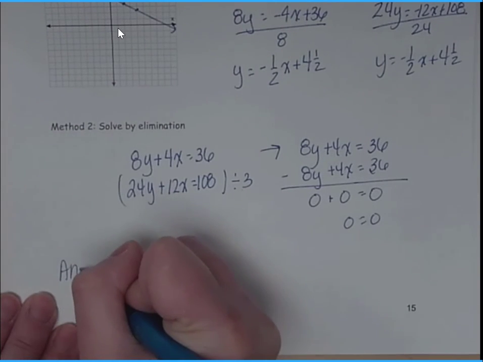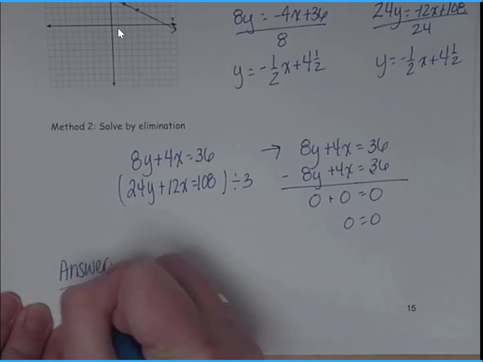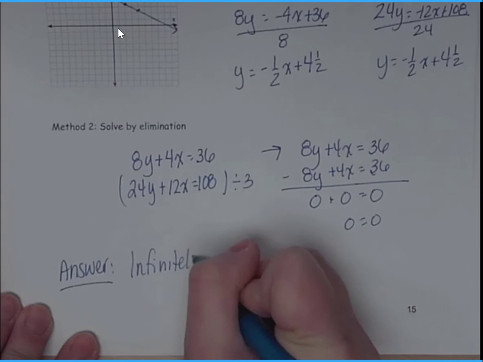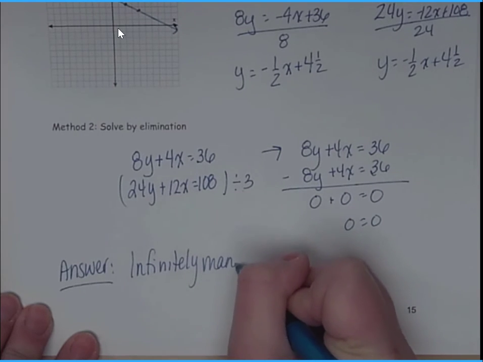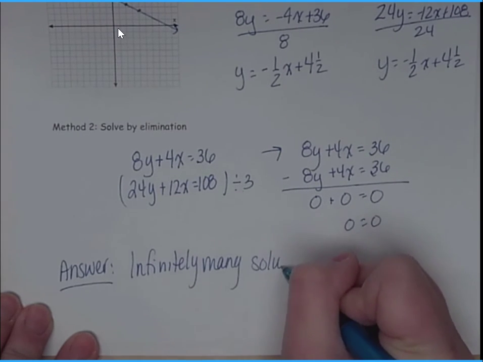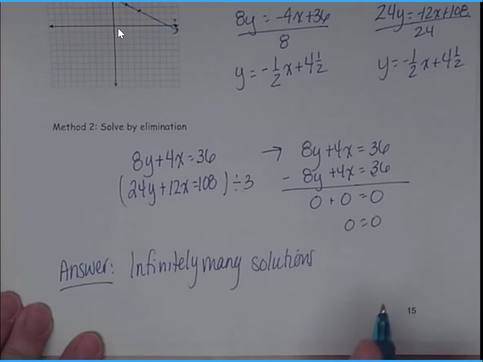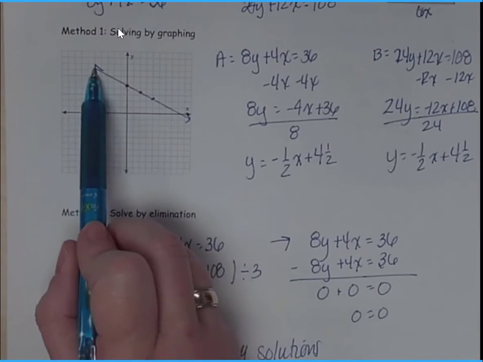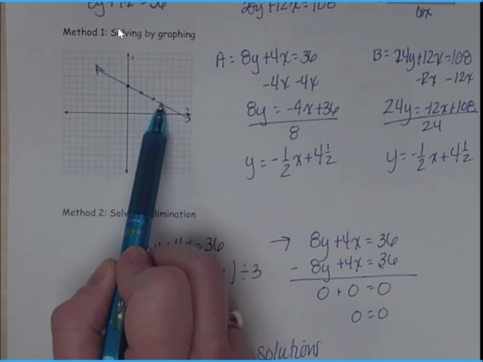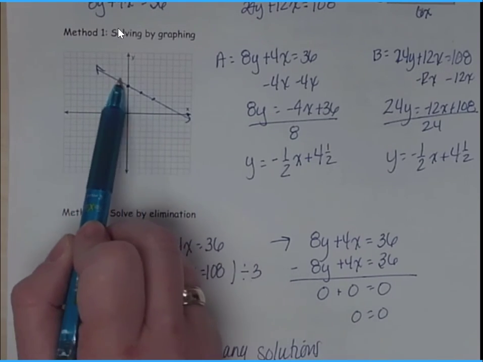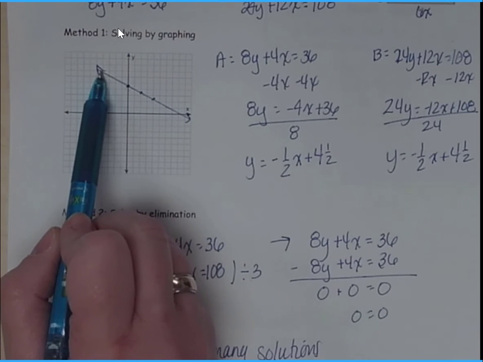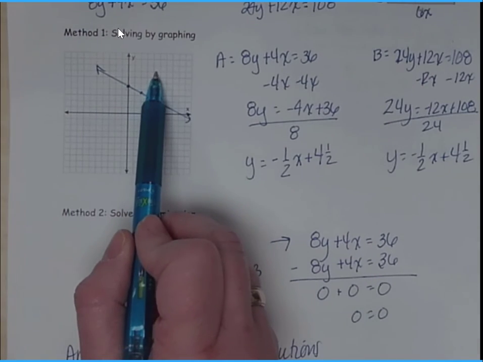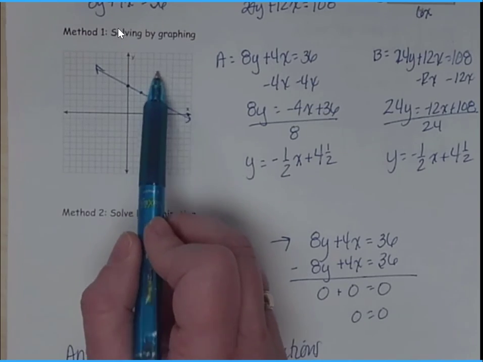So what is my official answer then? Infinitely many solutions. However, if I look up here, it's only infinitely many solutions along this line. Any point on this line is going to give me a true statement. But this point will, and this point won't, or I'm sorry, this won't, and this won't.